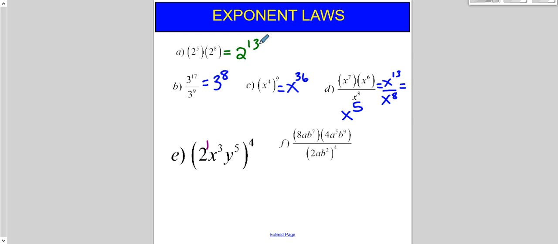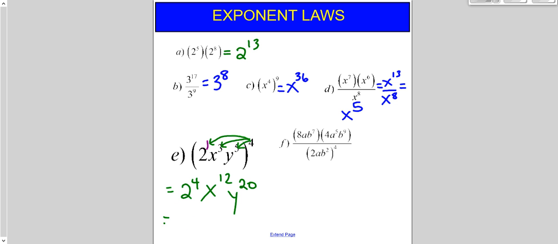Okay, so I'm actually going to put the marker of 1 because this exponent on the outside is going to touch that exponent there, that 1. It's going to touch this 3 here, and it's going to touch this 5 here, giving me an answer of 2 to the power 4, because 1 times 4 is 4, x to the 3 times 4, which is 12, and then y to the 5 times 4, which is 20.